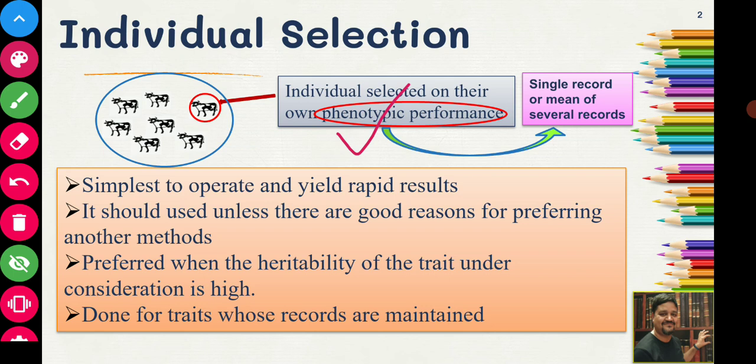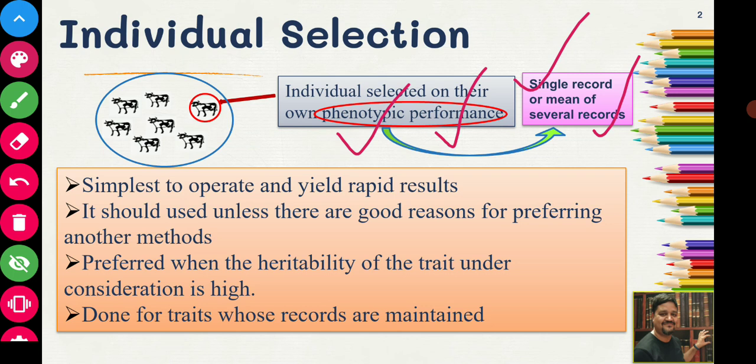To know the phenotypic performance, you can use either a single record or the mean of several records. Suppose you have full lactation milk yield records, daily milk yield records of all 10 animals up to one lactation, that means 305 days or more.